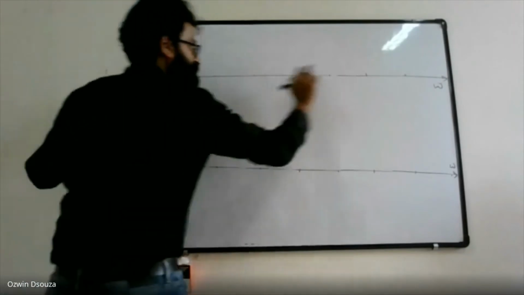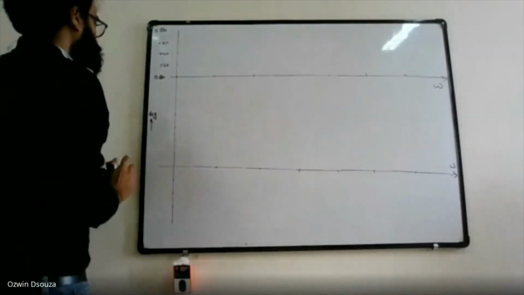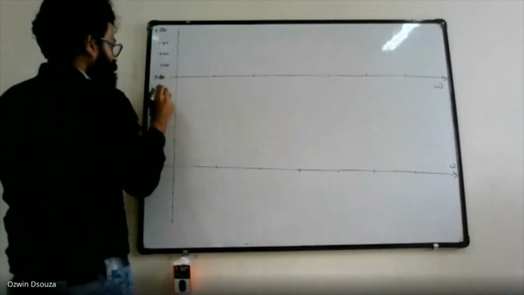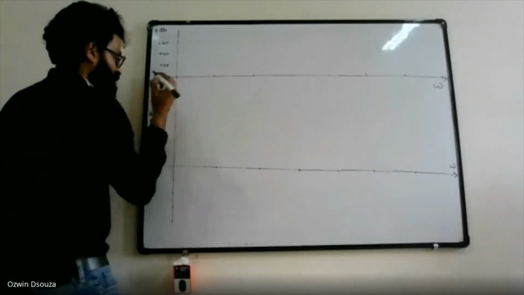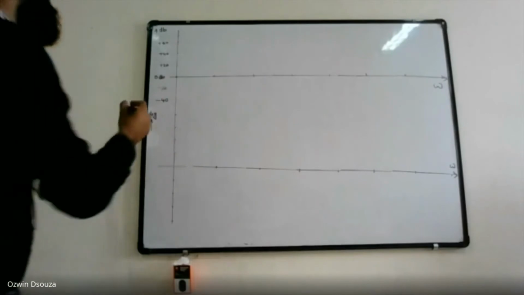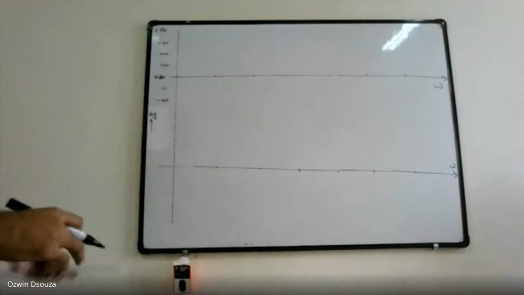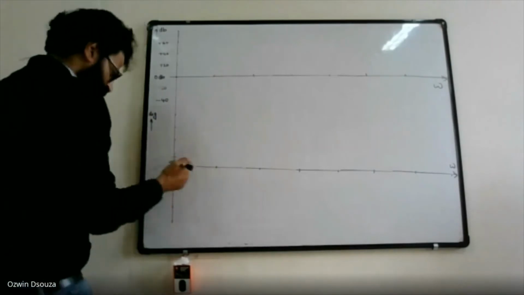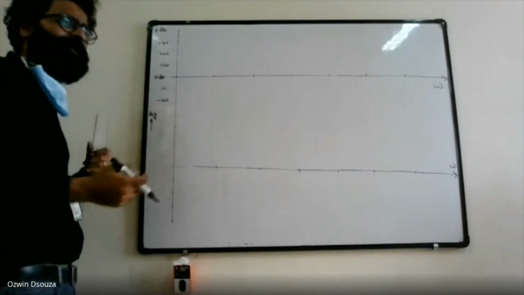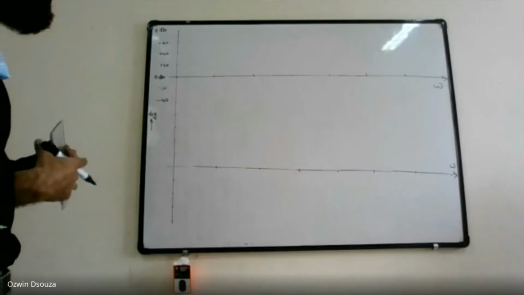This is your 0 dB line, and anything below 0 dB will have the negative value, minus 20 and minus 40 dB. In the phase plot, you don't have a 0 degree line. You have plus or minus 180 degree line.